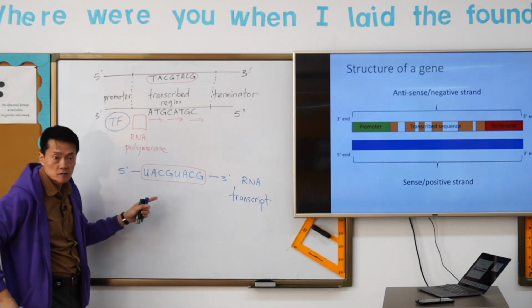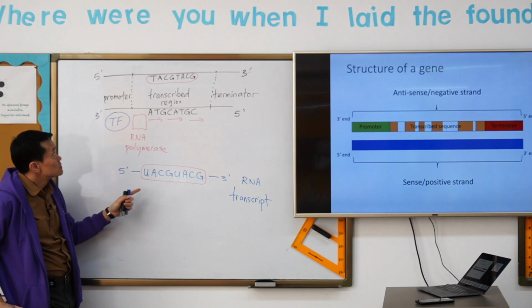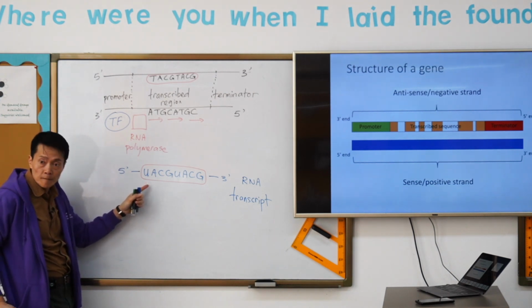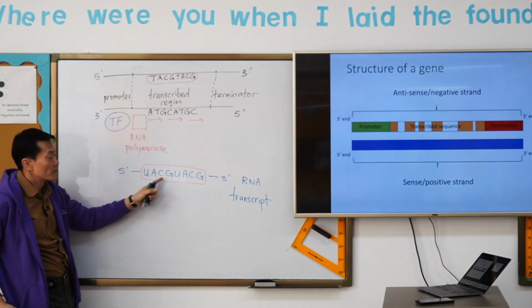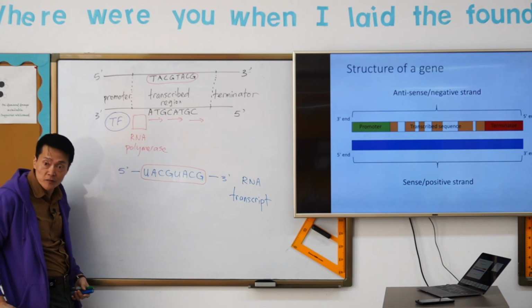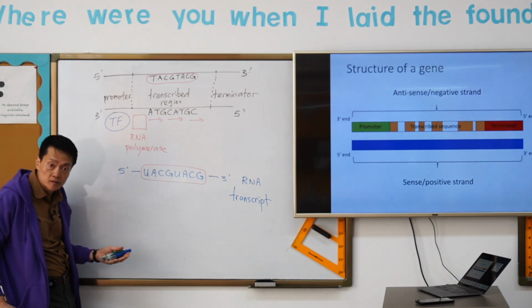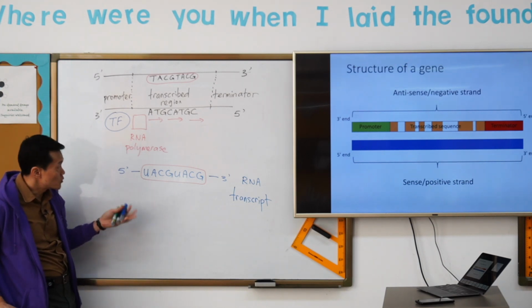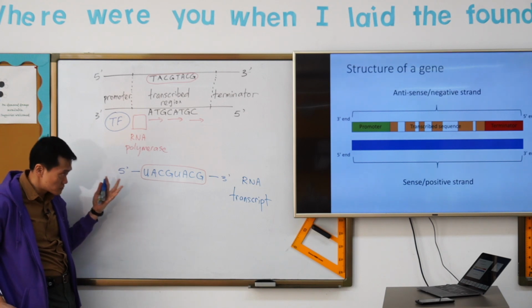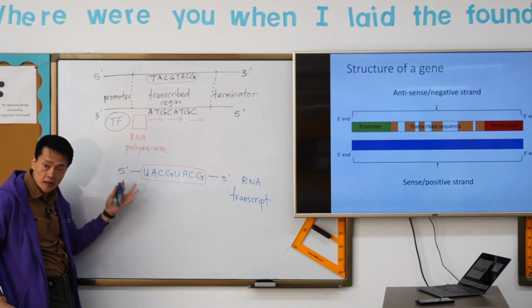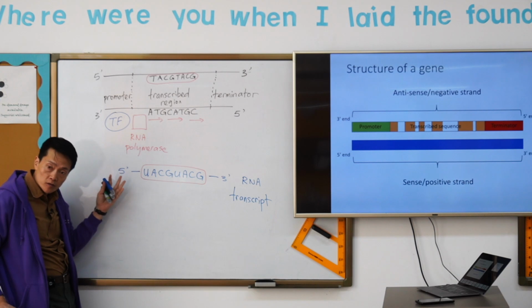What do you see? Very, very similar, isn't it? The only difference is instead of a T, it's a U. So the sequence is almost identical except for U in place of T.